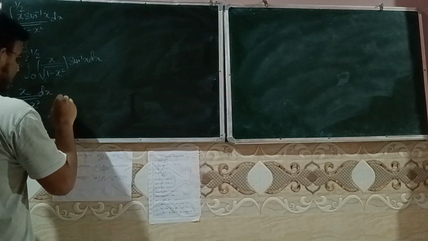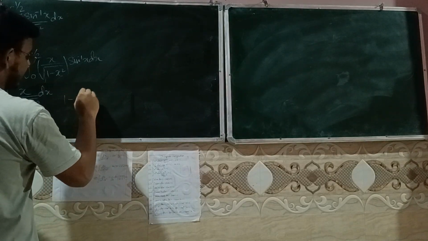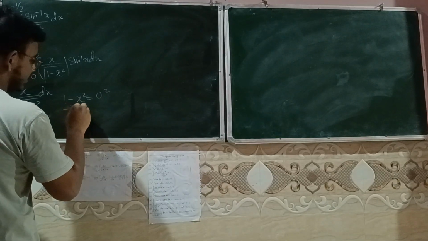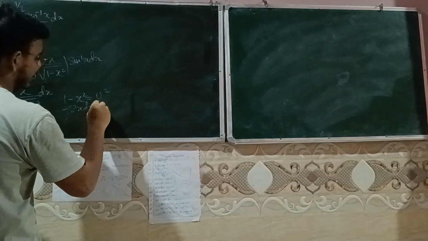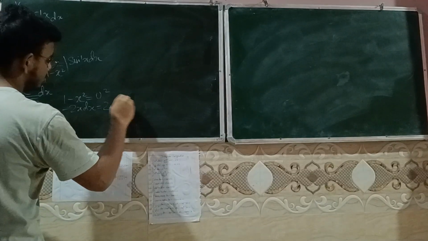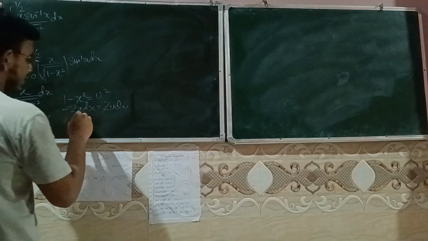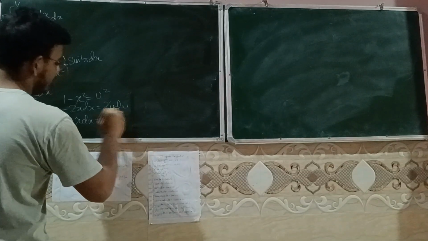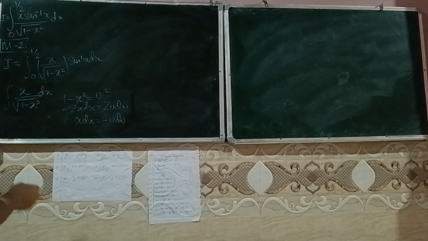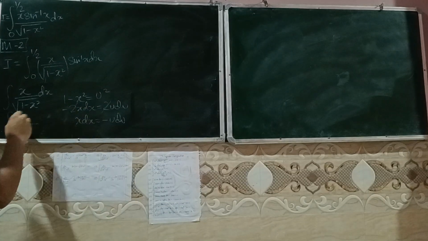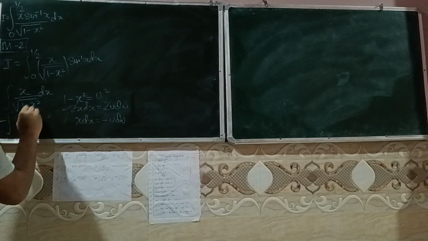Okay, so I'm going to just use substitution. I'm going to say that 1 minus x square is u squared. So differentiating both sides, minus 2x dx is 2u du. The 2 is going to cancel out, and we have x dx as negative u du. So we have our integral as negative, u du over u.